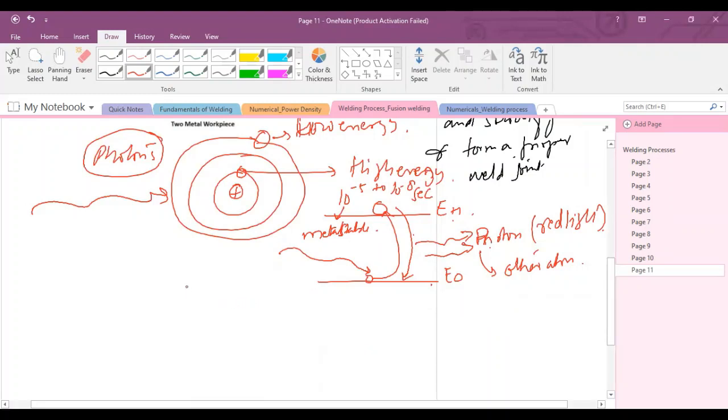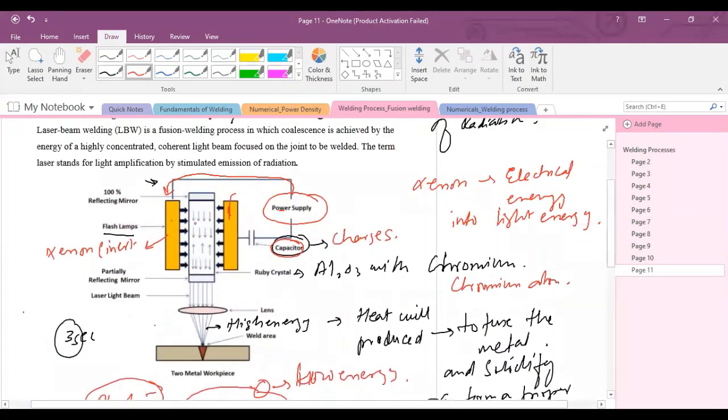And as you know, in the ruby crystal there are so many atoms. When all the photons strike each other or the atoms in the ruby crystal tube, an abundance of photons will form inside this ruby crystal.